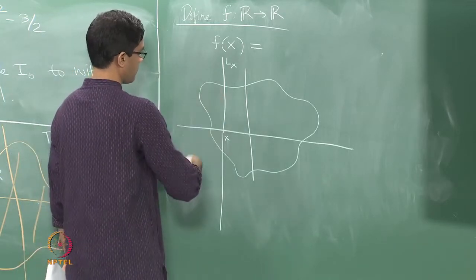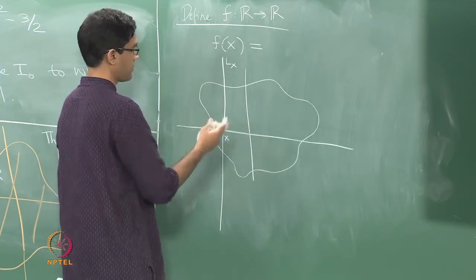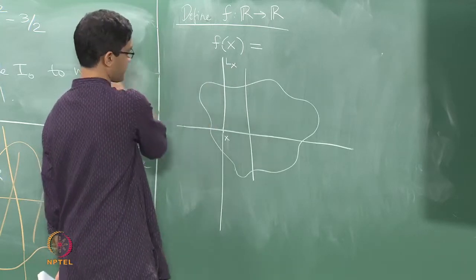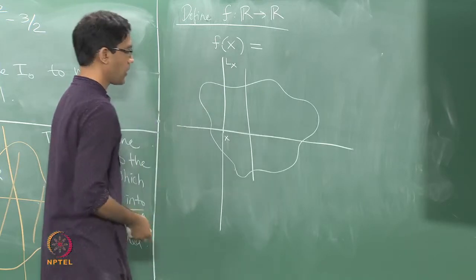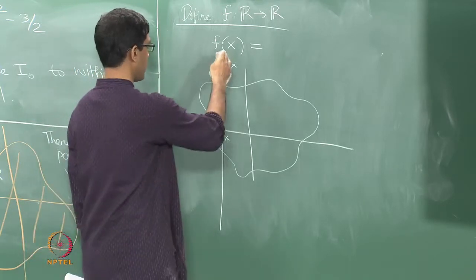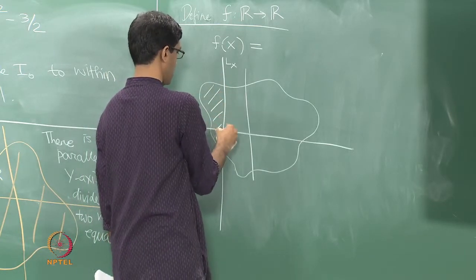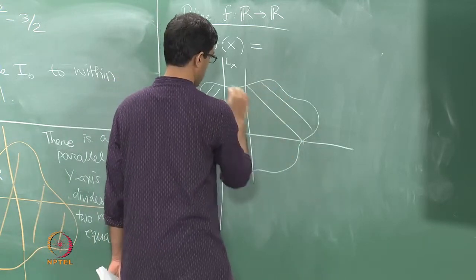That line will presumably divide this given region R in some arbitrary proportion, right? For instance, the line could be all the way to the left of this region, in which case it really doesn't do any division at all. But let's say f of x is the area to the left of this line minus the area to the right of this line.